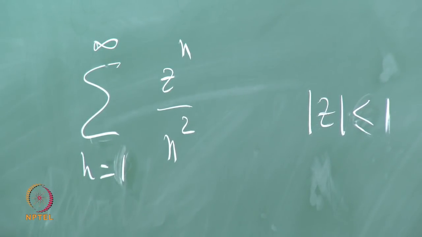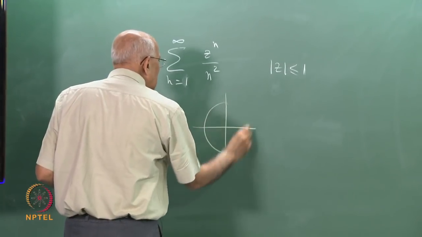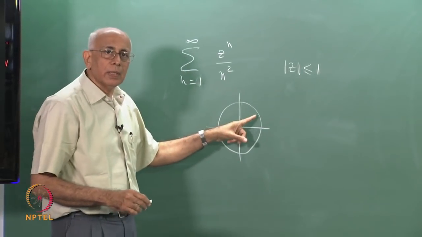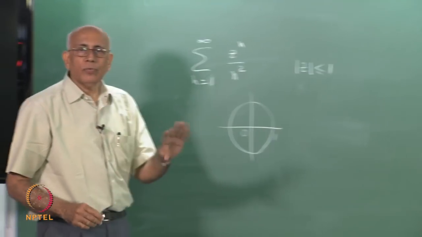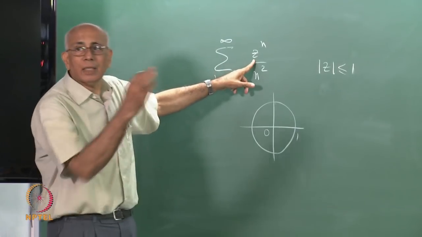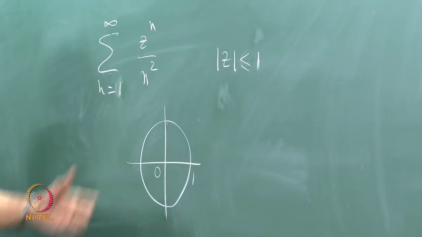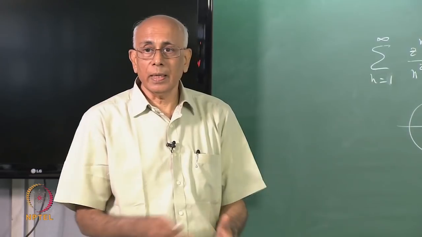How do we see this? Well, you can sort of intuitively see that the largest value that this series can take on this circle of convergence is when z is equal to 1 itself, because then there are no phase factors, no cancellations, nothing of that kind. Each term is as large as it can get, z equal to 1, and then you have just a series 1 over n squared, but the sum of 1 over n squared to infinity is finite, it is zeta of 2.